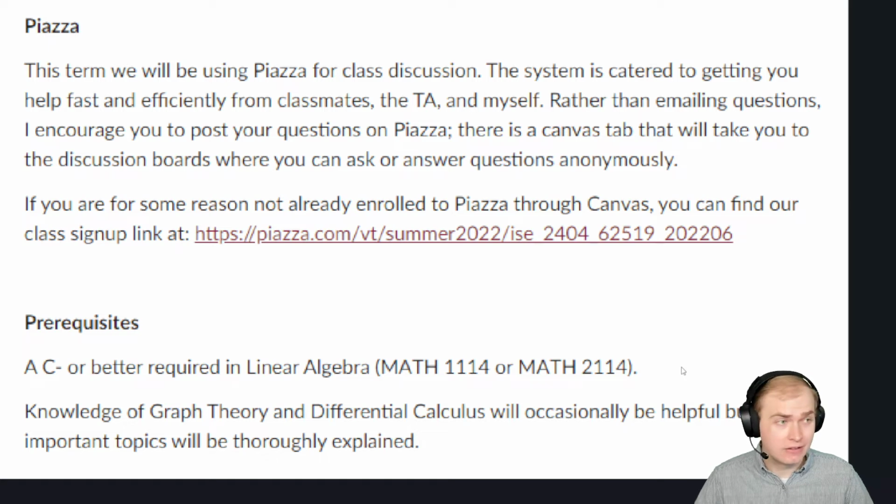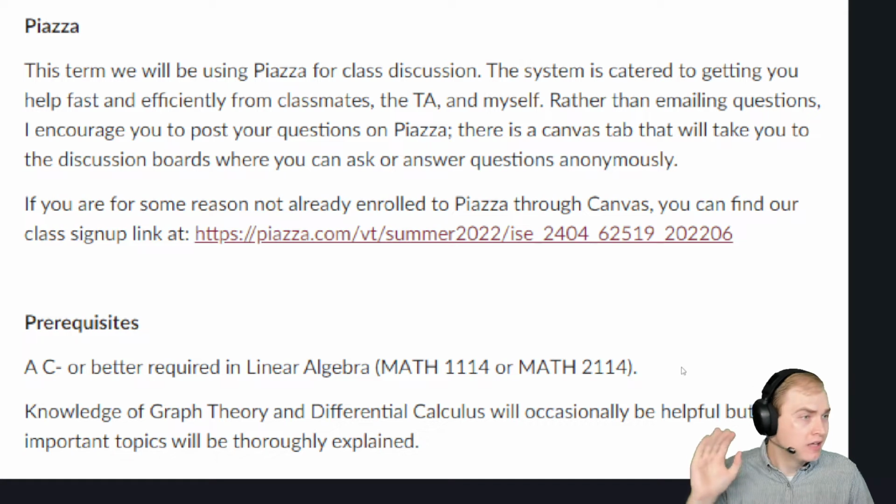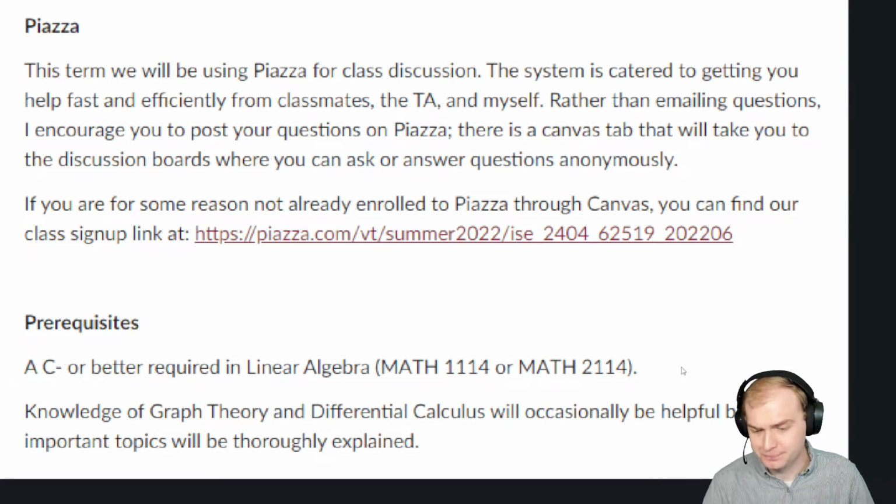We'll use very little calculus. I'm not positive that you guys will ever be required to take a derivative or anything, but I will occasionally use calculus to demonstrate things in class. Graph theory, if you don't know what that means, don't worry. I'll explain that thoroughly when we get to those topics.